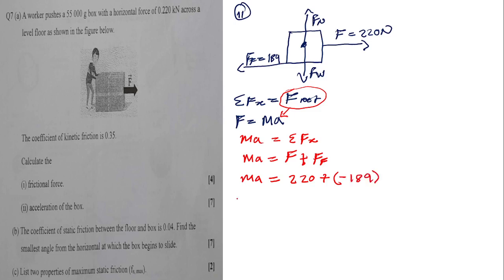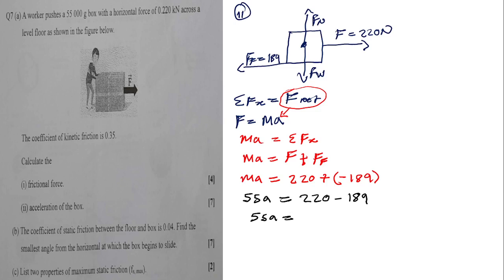The mass we have been given is 55, so 55 A is equal to 220 minus 189.